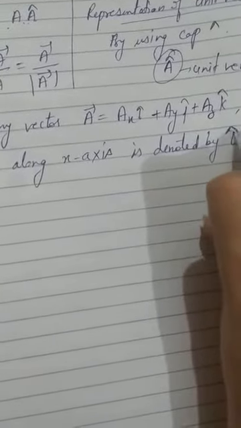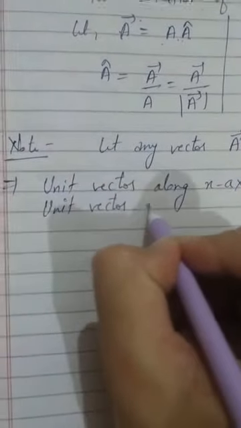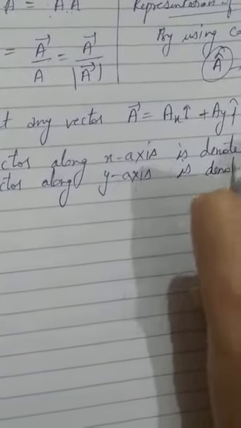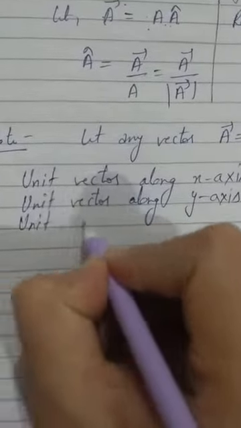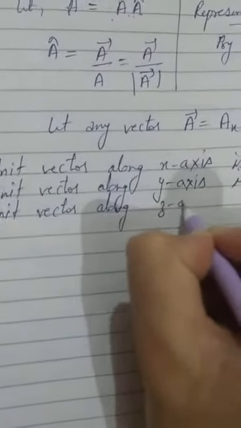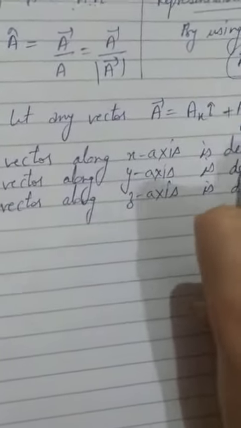Same, the unit vector along y axis is denoted by j cap, and we also have k cap, and this k cap indicates that the direction is along z axis. Along z axis is denoted by k cap. Understood?